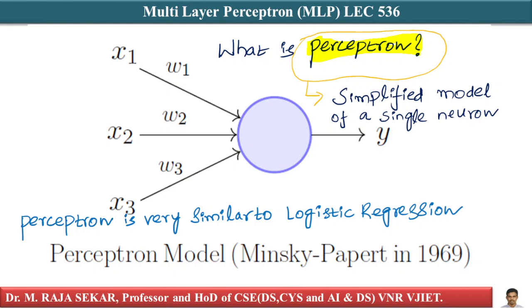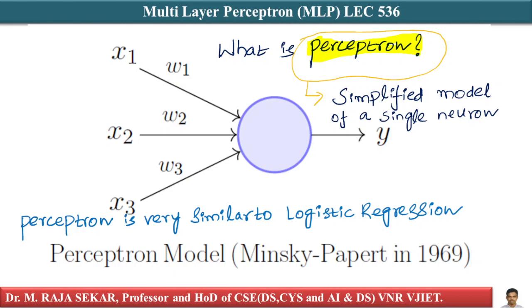We saw it diagrammatically in the previous video. Logistic regression is a very interesting and powerful technique, and we studied it in full detail. Now, what is the extension to this?